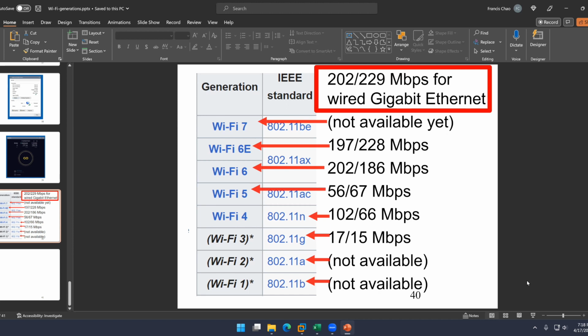Well, look at how fast things are when I'm tied into this computer by Ethernet: 202 down, 229 up, right? Look how fast I am when I'm running Wi-Fi 6E or even 6. With 6E, it's right on the money. With 6, it's just a little bit slower on the upload, but actually a little bit faster on the download.